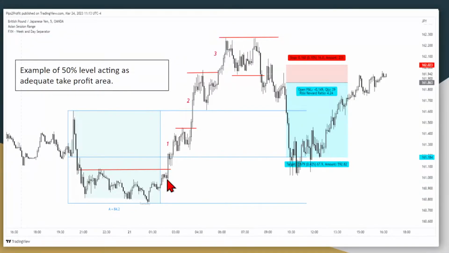And then notice how they come out of the box, right? We get one push up, a consolidation, a second push up, a consolidation, and then we have this third push up and then a consolidation at the high of the day with the M, which is exactly what you want to see. And of course the follow through back to the downside for the sell in the New York session.